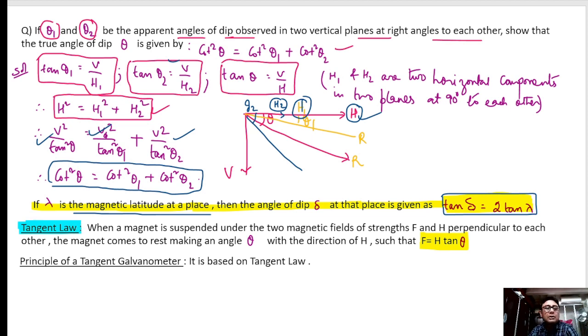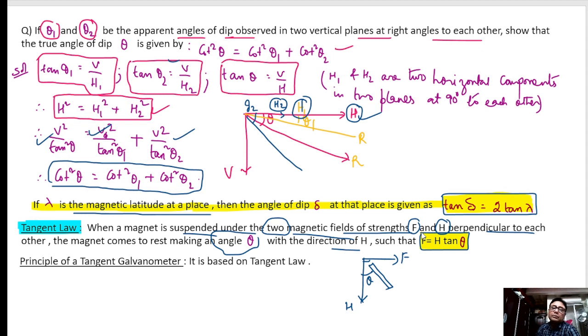When a magnet is suspended under two magnetic fields, please watch here, this is important, two magnetic fields of strength F and H perpendicular to each other, with F like this and H like this, and a magnet suspended here, the magnet comes to rest making an angle theta with the direction of H. That means F will be H tan theta.